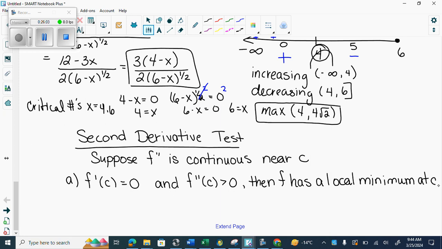And vice versa. f prime of c equals 0, so I take my critical number, plug that same critical number into f double prime, and the answer is less than 0, so the answer is negative. Then f has a maximum.